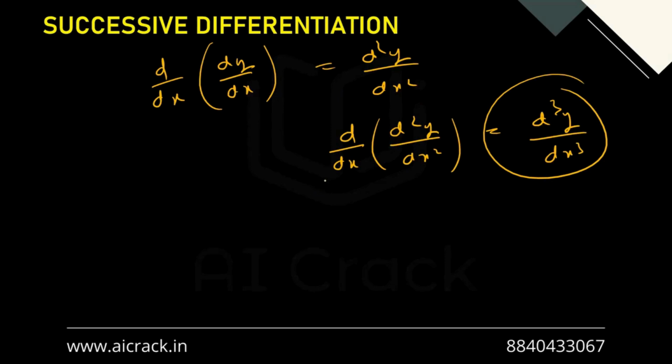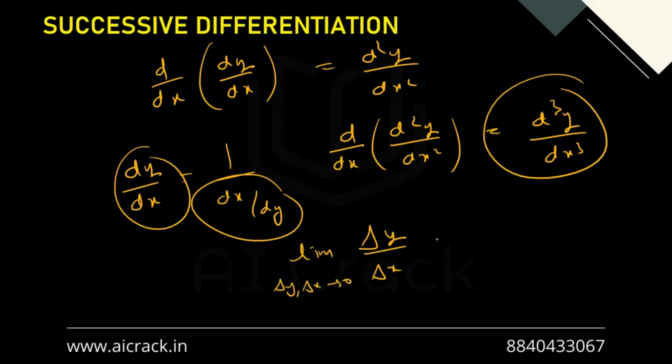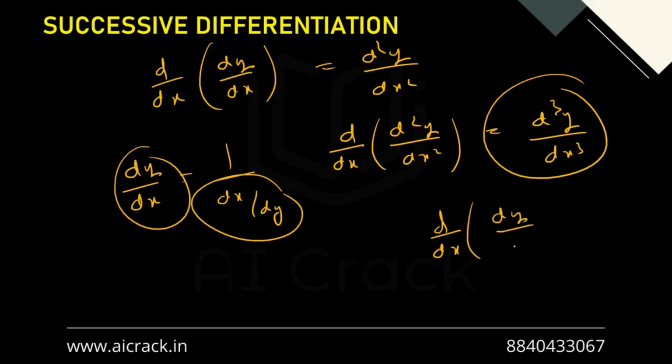Now one interesting thing over here is, in this case, dy by dx was equal to 1 upon dx by dy, right? We use this many times, right? We could do that because it came from delta y by delta x, limit delta x approaching 0. We could do that because of this, right? Now when we are calculating d by dx of dy by dx, we won't be able to do that.